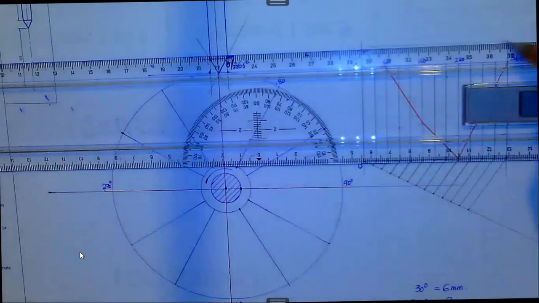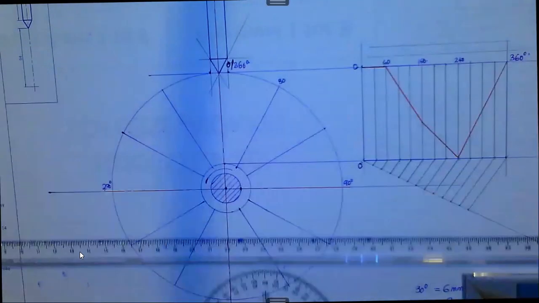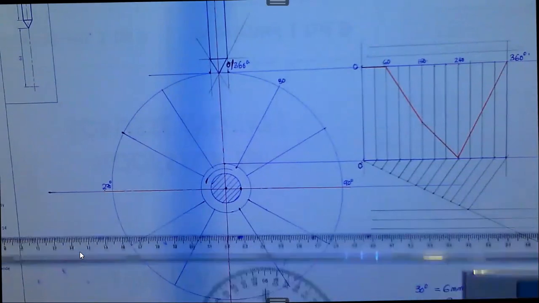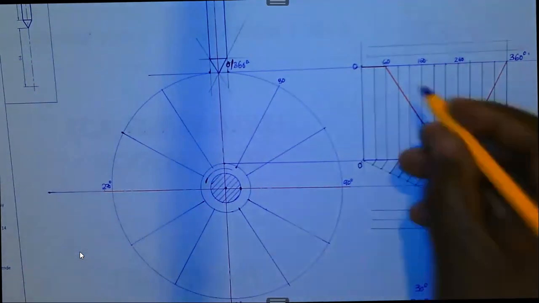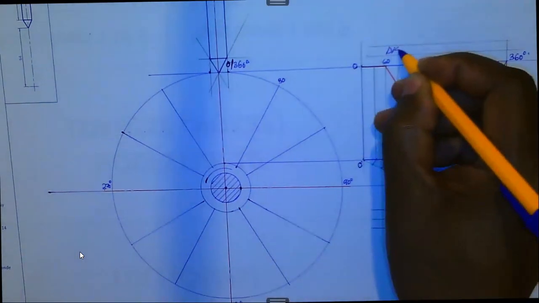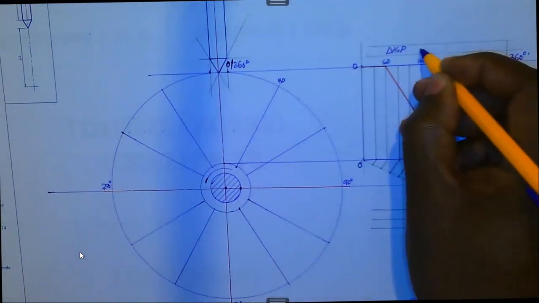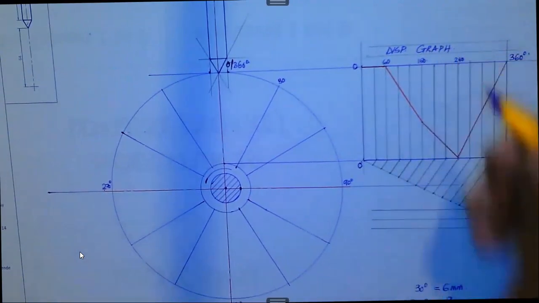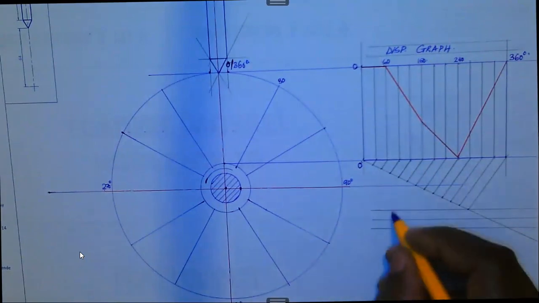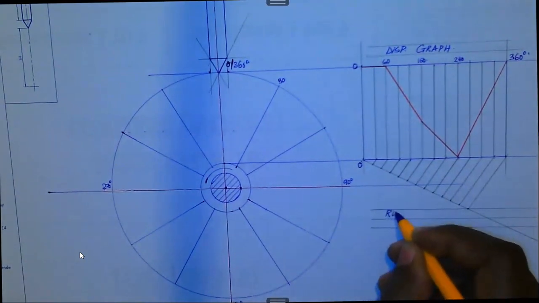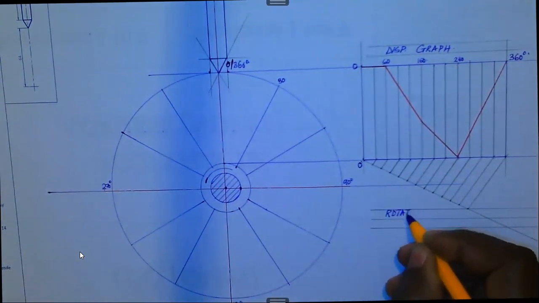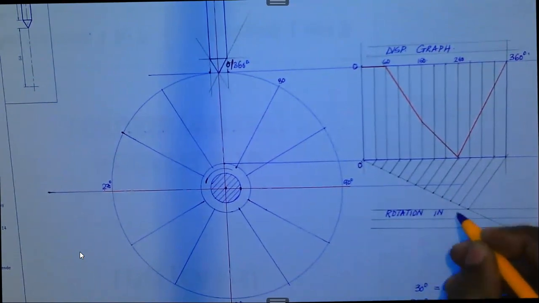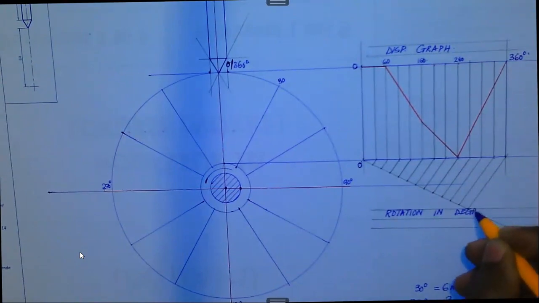Let us just create guidelines. Label here. At the top, you write nicely displacement graph. That's the displacement graph. Then you write here rotation in degrees.